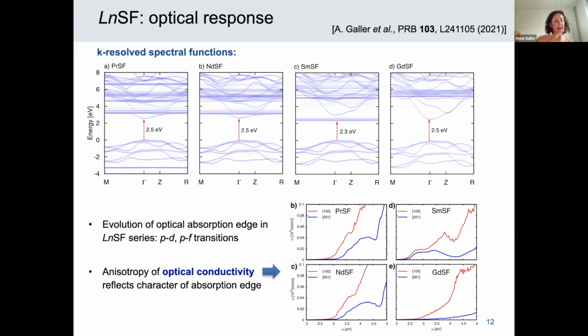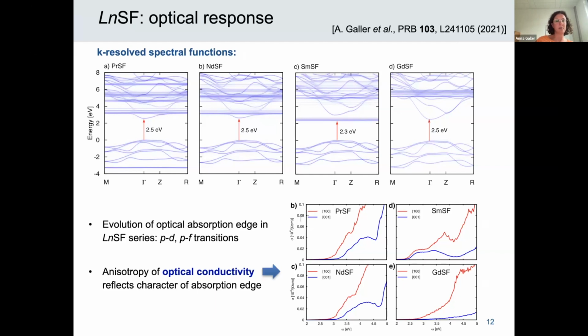So we have a pd absorption edge in praseodymium fluorosulfide. The situation is very similar for neodymium fluorosulfide, but then if you go to samarium fluorosulfide, you can see that it's different, because there the lowest lying unoccupied 4f states are in the pd band gap.